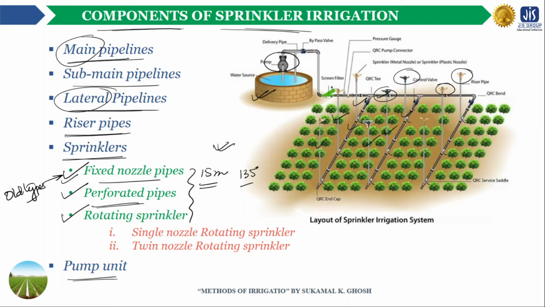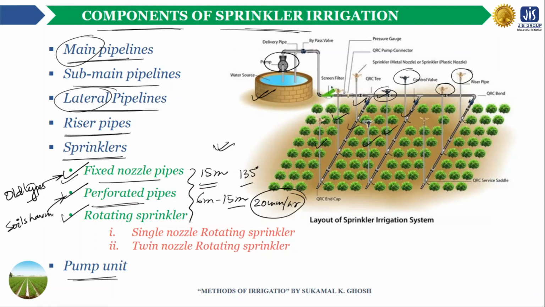Through the perforations, sprays of water are developed which are directed on both sides of the pipes and can cover a strip of land from 6 meters to 15 meters. In this case, the minimum rate of application of water is about 20 mm per hour. Since the water is applied at a relatively higher rate, these sprinklers are suitable for soils having a moderately high infiltration rate.